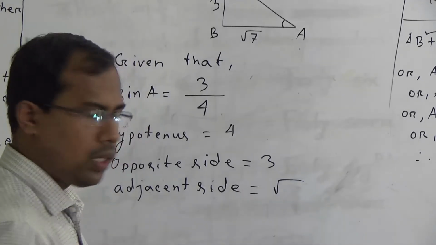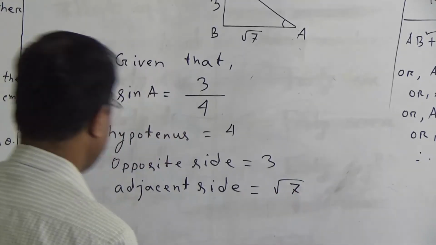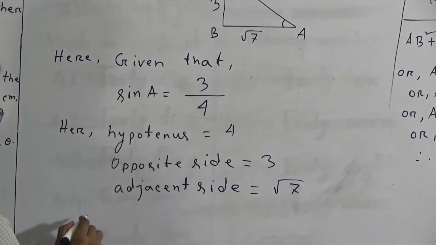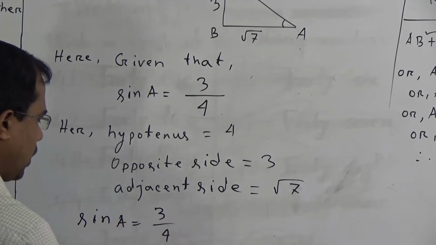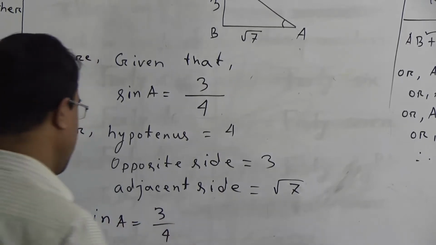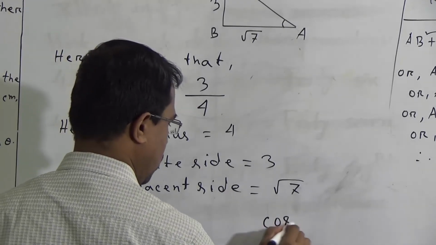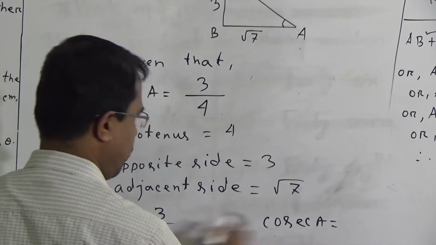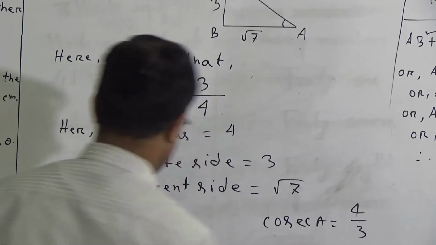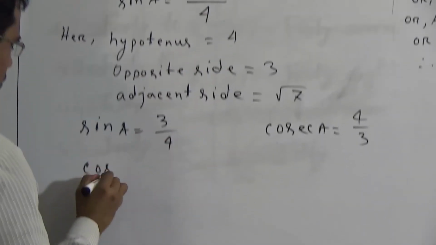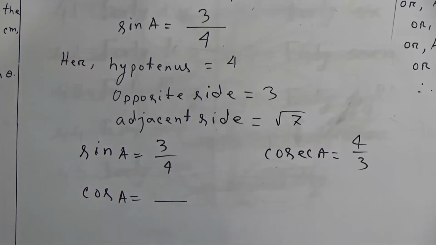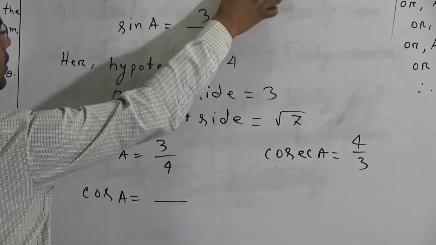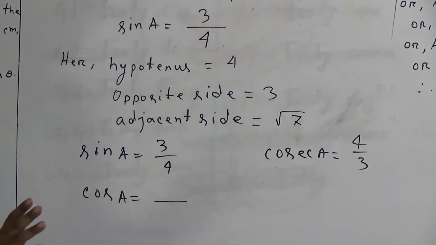Now we'll find out all trigonometric ratios. Here already given sine A equal to 3 by 4. And we know that cosec A is the opposite ratio of sin A, therefore cosec A is equal to 4 by 3. Now cos A is equal to adjacent side divided by hypotenuse.